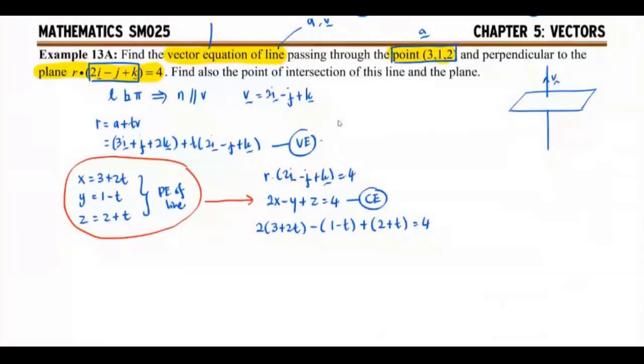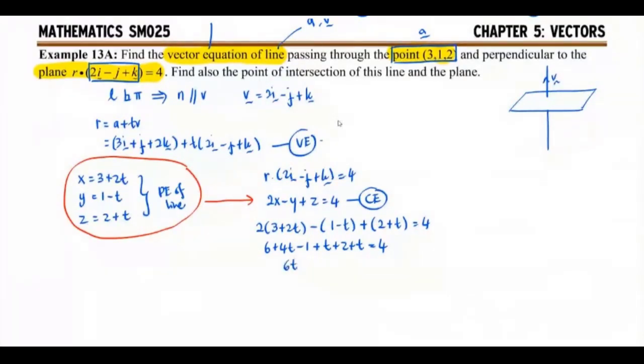So everything here is in terms of t. So simplify it. We will get 6 plus 4t minus 1 plus t plus 2t plus 2 plus t. Okay, how many t do we get in total? Simplify it. We will get total 6t. Okay, 6t.